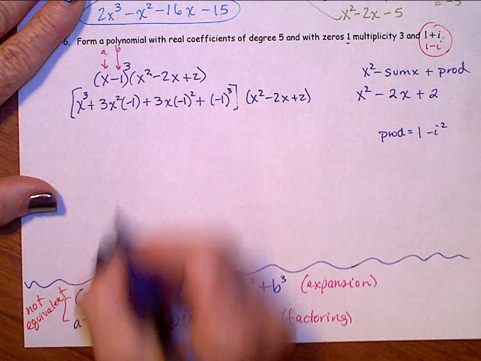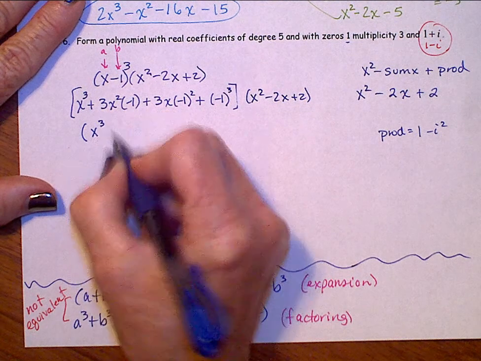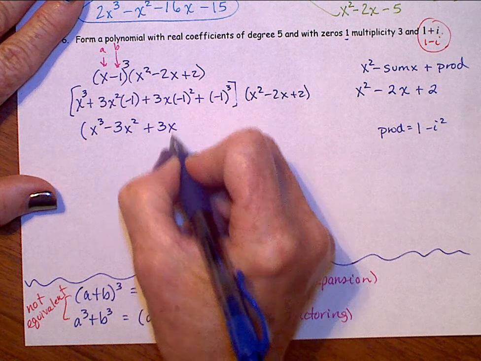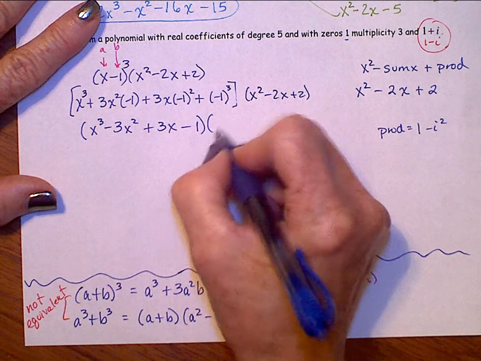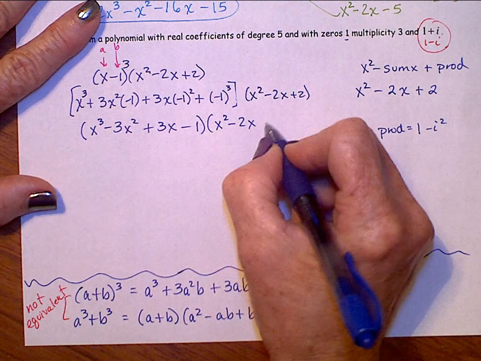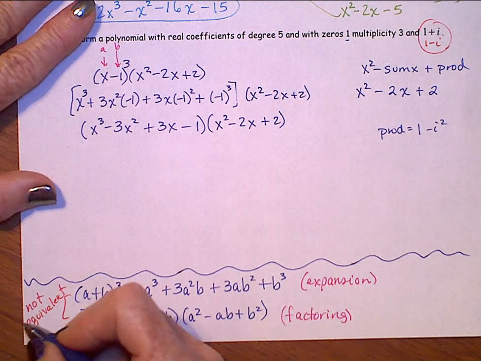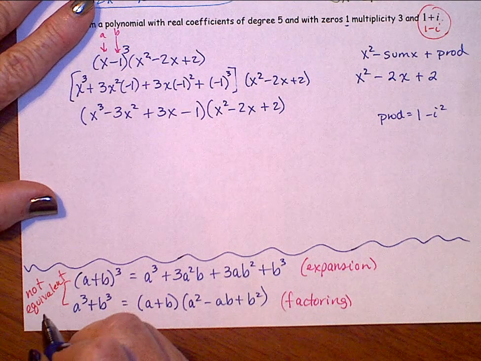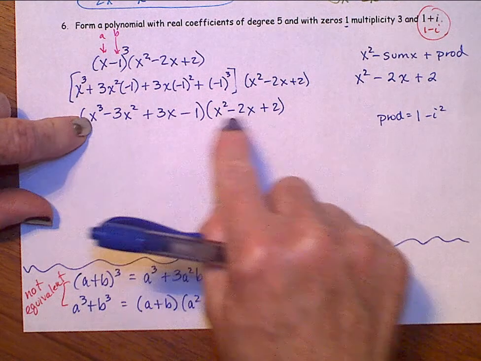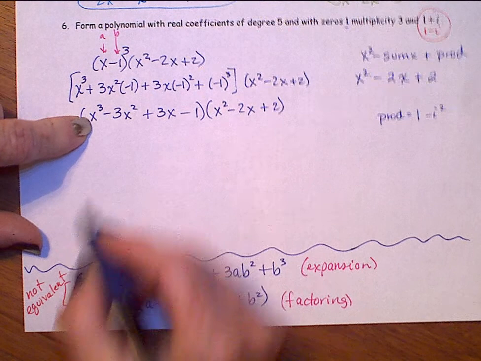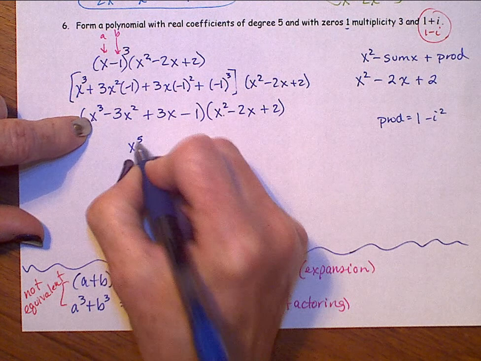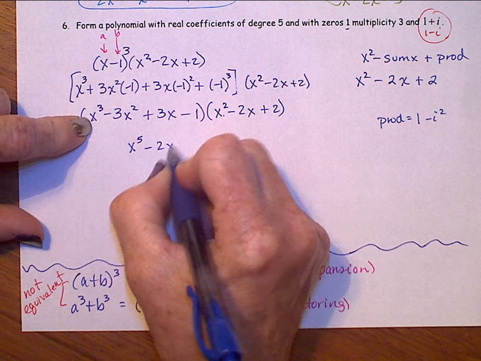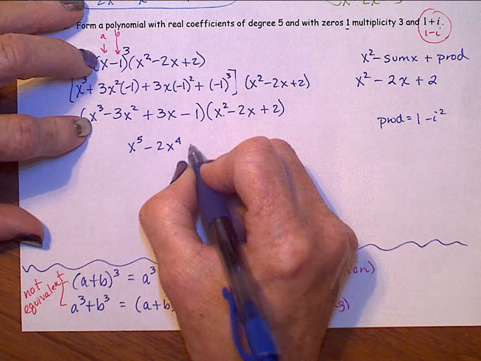All right, cleaning this up inside of here, we're going to have x cubed minus 3x squared plus 3x minus 1 times an x squared minus 2x plus 2. Okay, let's go ahead and multiply. Each of these terms times each of those terms. X cubed times x squared, x to the fifth. X cubed times a minus 2x, minus 2x to the fourth. X cubed times a 2, plus 2x cubed.